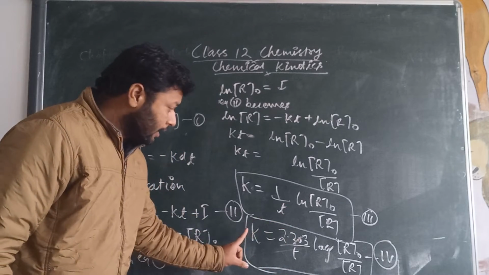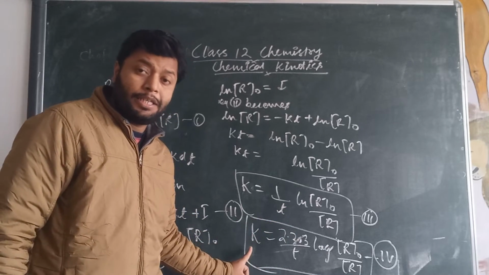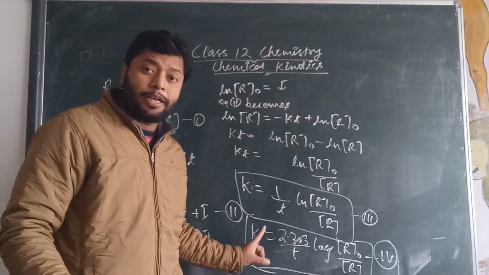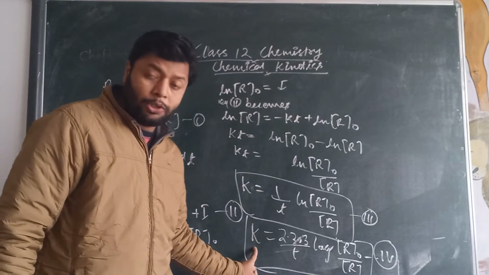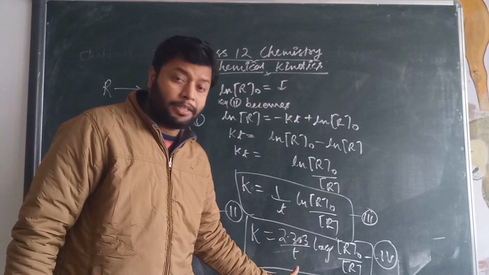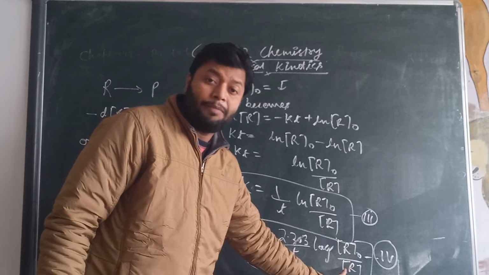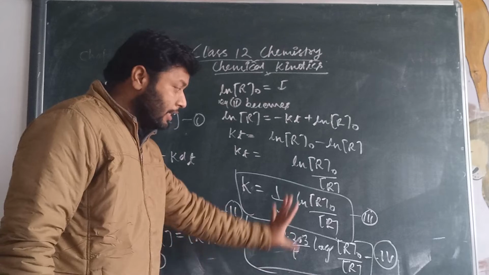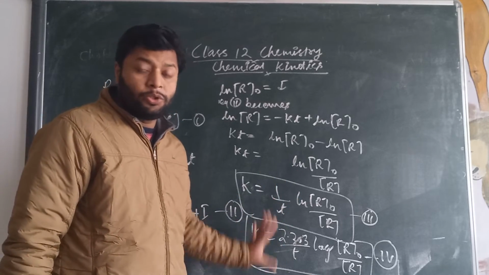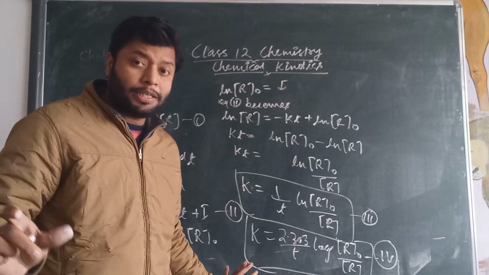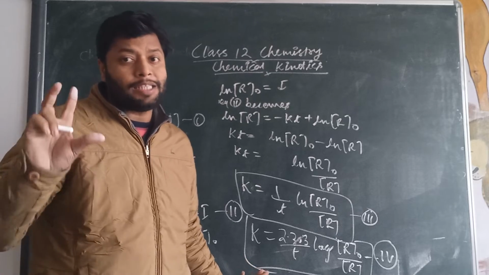You can see that equation number 4 is the actual integrated rate law expression. k equal to 2.303 upon t log of initial concentration of reactants upon final concentration of the reactants. This equation number 4 is used for various numericals and concepts as well as the graph.